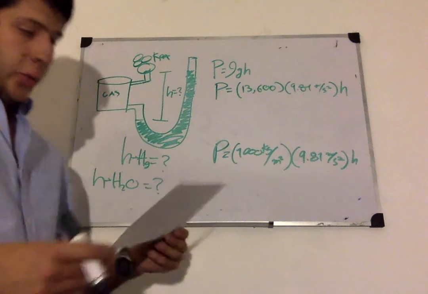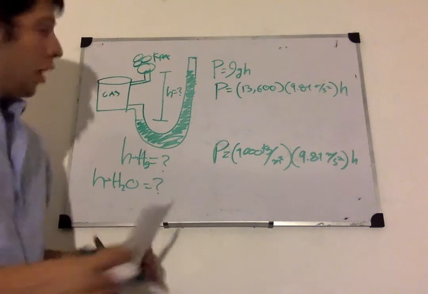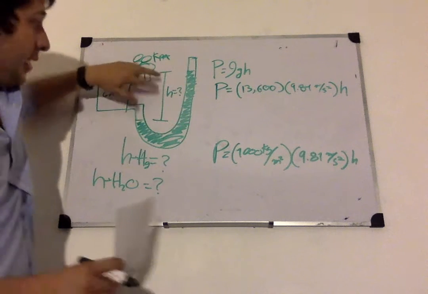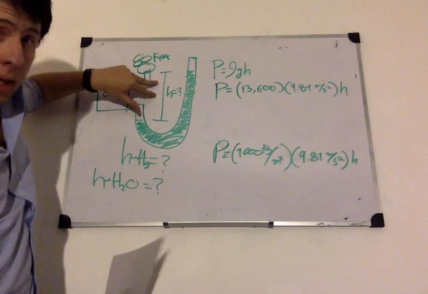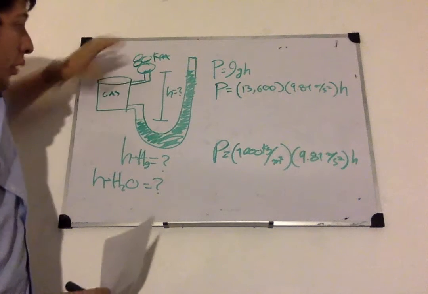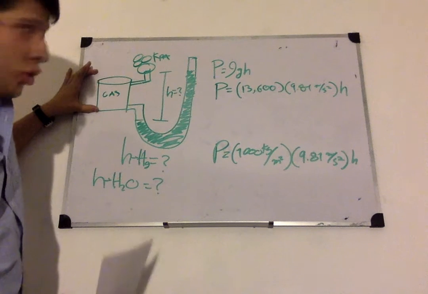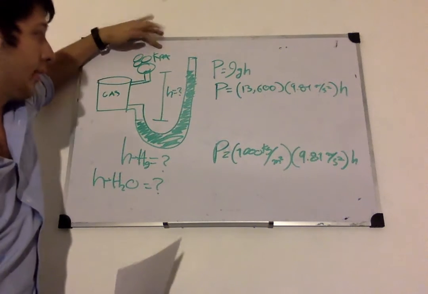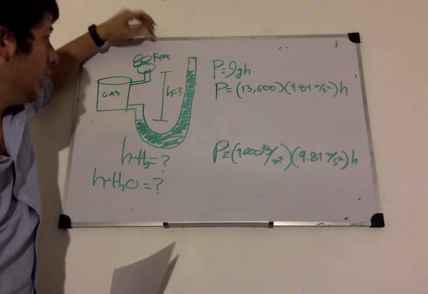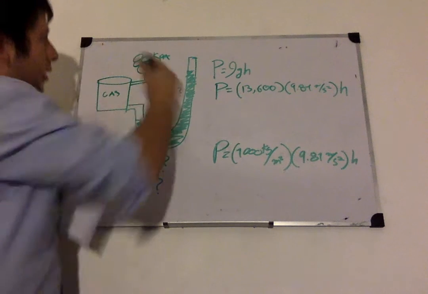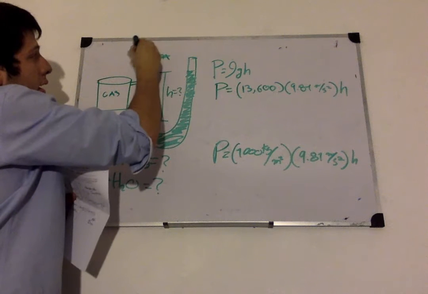On quiz number 2, they're asking us what this height should be for the tank over here to have a pressure of 80 kilopascals. Oh, and one note: this is a gauge pressure.